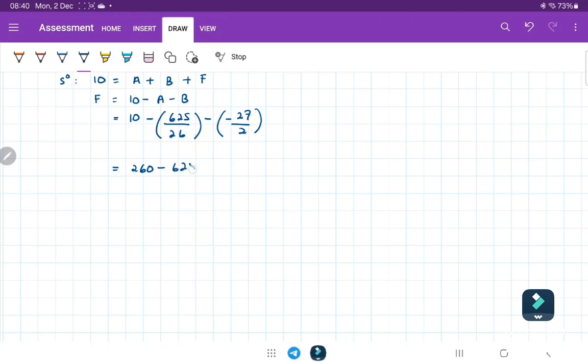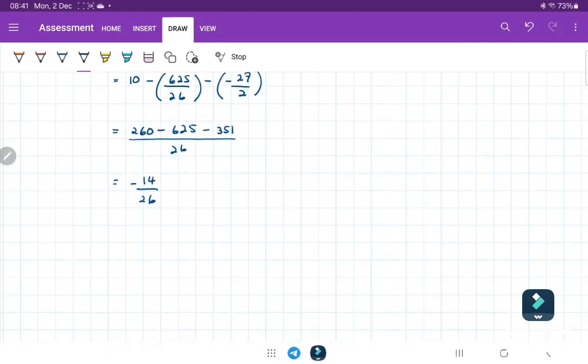260 minus 625, 27 multiplied by 13 will give you 351, and everything over 26. This would give me minus 14 over 26. You can actually simplify this, so it becomes minus 7 over 13, or you can just maintain.